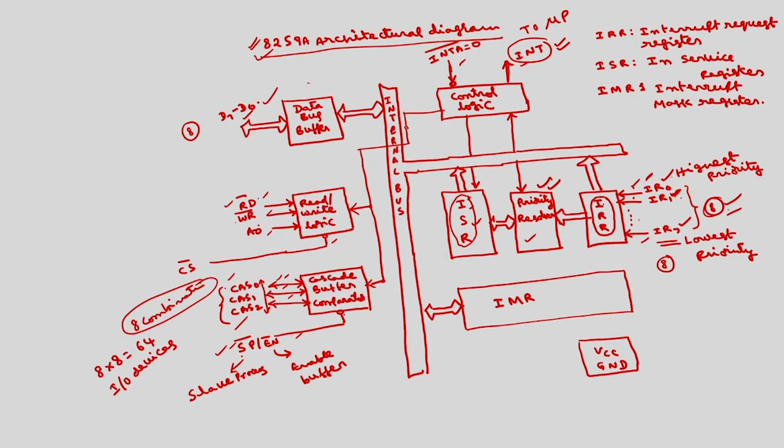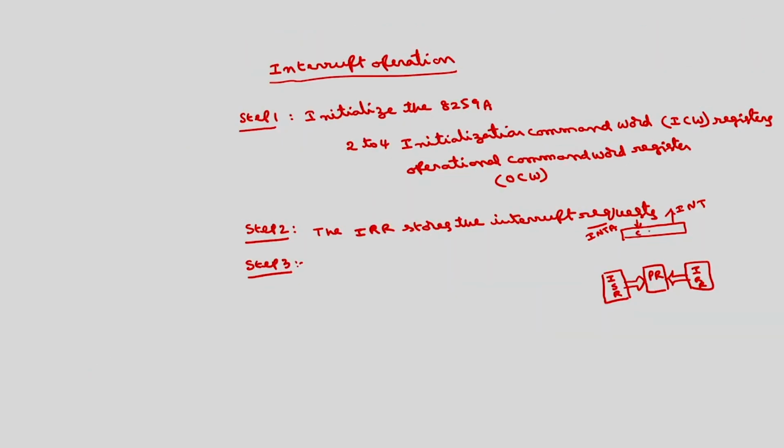So, this is IRR, this is the priority resolver, this is ISR which is the in-service register, and then we have IMR which is the interrupt mask register. Then we have the control logic, for which the output is INT and the input is INTA bar.